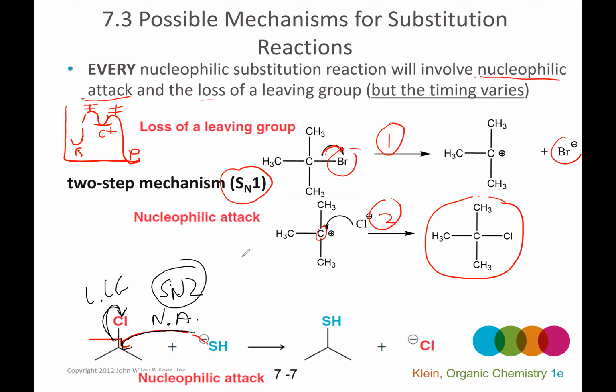And if you looked at the energy diagram for that, it would look like this. Here are your reactants. Let's say here are your products. That's it. One step reaction. Both processes occur at the same time. And when more than one process occurs at the same time, the reaction is said to be a concerted reaction, right?